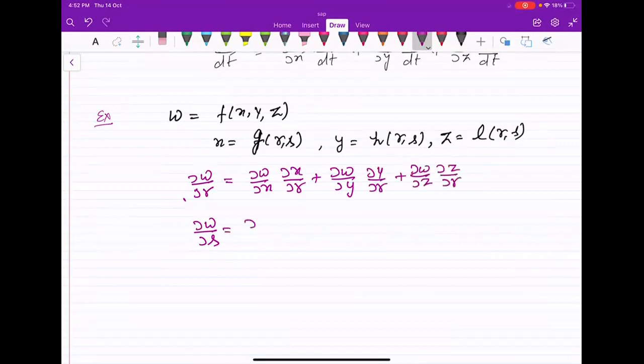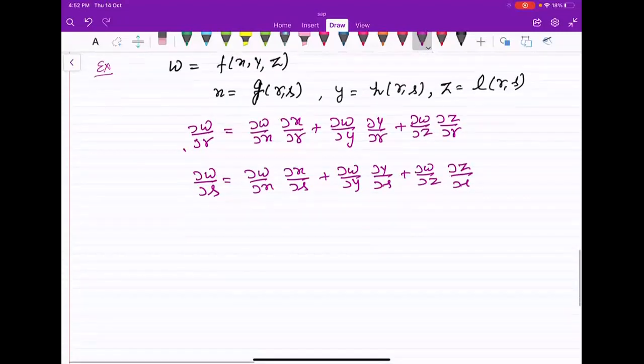Similarly, del w over del s would be del w over del x times del x over del s, del w over del y times del y over del s, del w over del z times del z over del s. It's simple, only the calculation part.